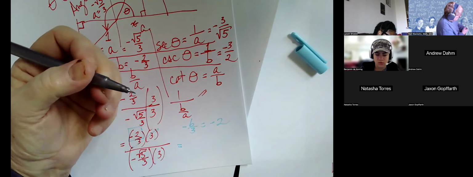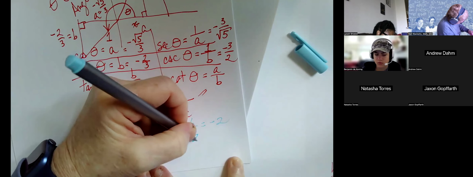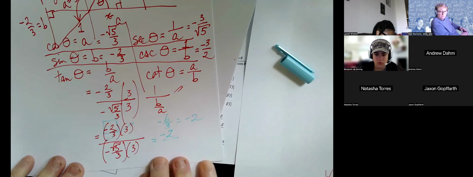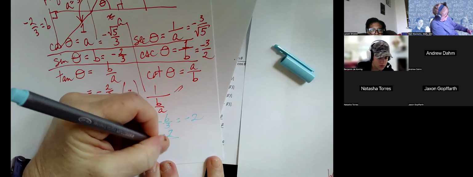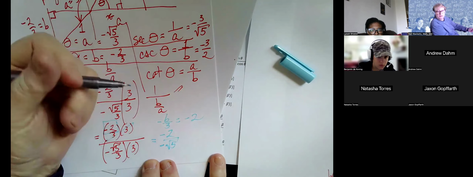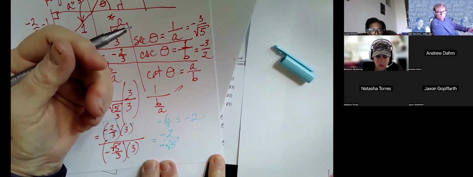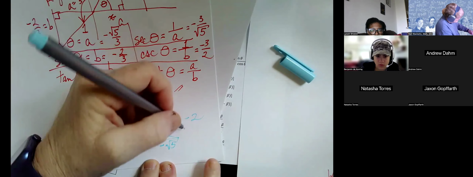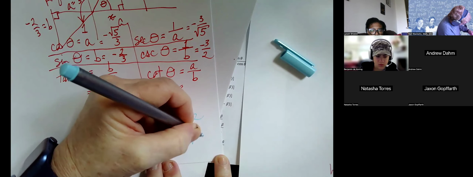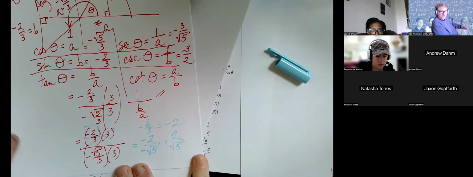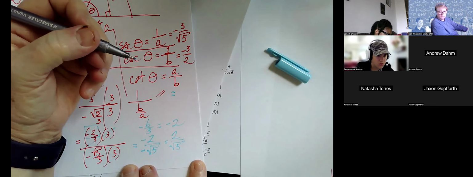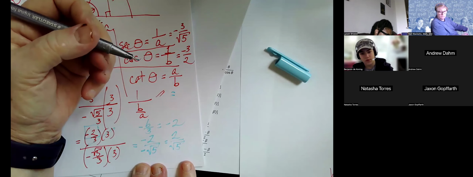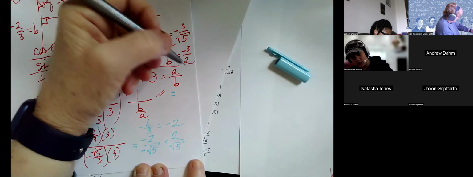So in the numerator here, we'll have negative 2, and in the denominator, we'll have negative square root 5. Beautiful. And what can we do with those negatives? Cancel them out. So we have 2 over root 5 for the tangent. And what does that make the cotangent? Square root of 5 over 2. Beautiful.